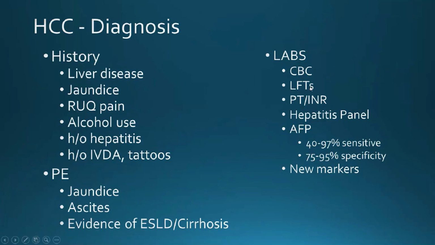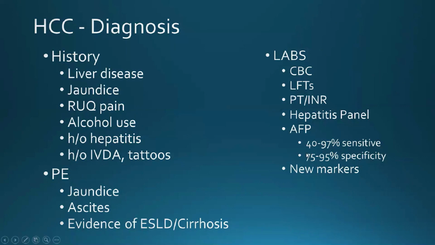Liver function test abnormalities, we do see a higher INR in these patients and prothrombin time. We do a hepatitis panel to find out if the patient is infected with any of those risk factors of hepatitis B and C, and then alpha fetoprotein is another parameter that we check. Not all patients with hepatocellular carcinoma show high alpha fetoprotein, but it's a relatively sensitive and specific test, but we have to have really high numbers.